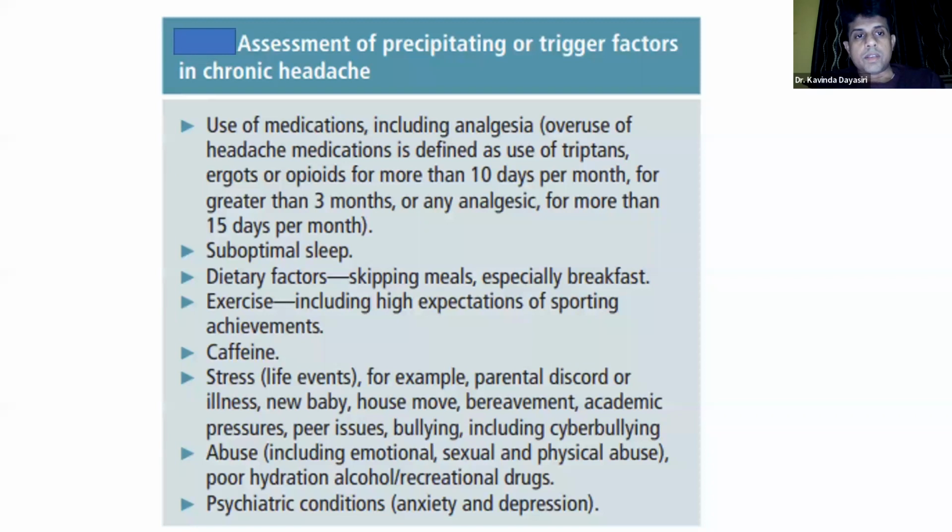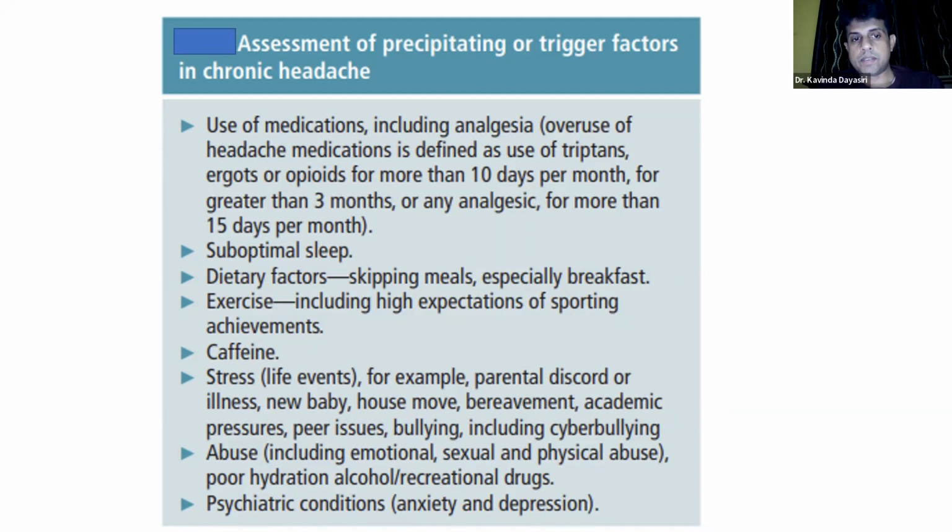And then also ask about any precipitating factors or trigger factors for the child's chronic headache, whether the child is dependent on analgesics, suboptimal sleep, dietary factors, skipping of meals, especially breakfast, and the exercise pattern.